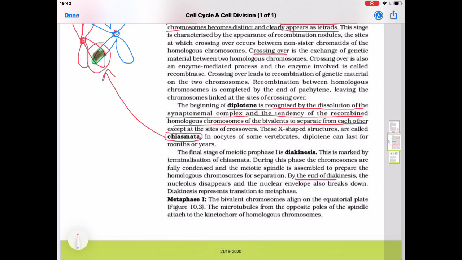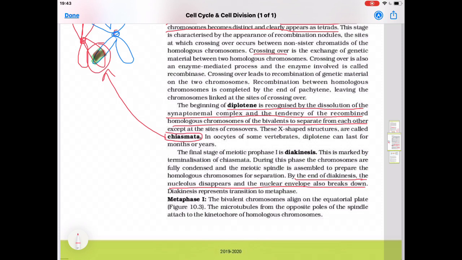By the end of diakinesis, the nucleolus disappears and the nuclear membrane also breaks down. So these are the same features as at the end of prophase of mitosis we have studied. Diakinesis represents the transition to metaphase.